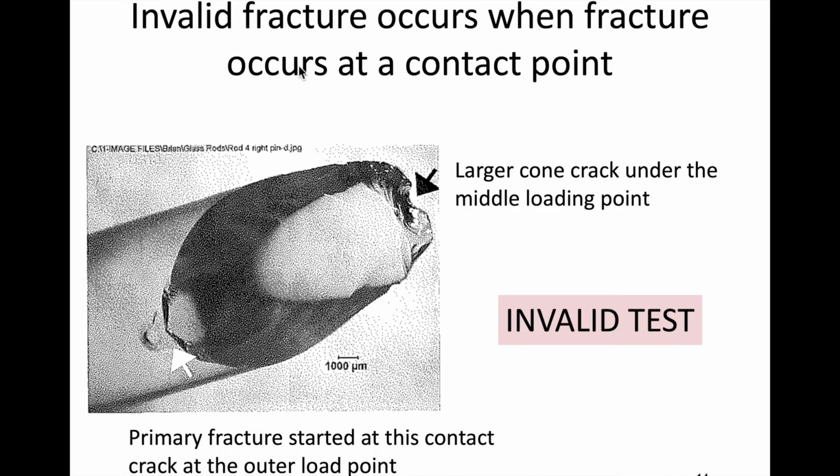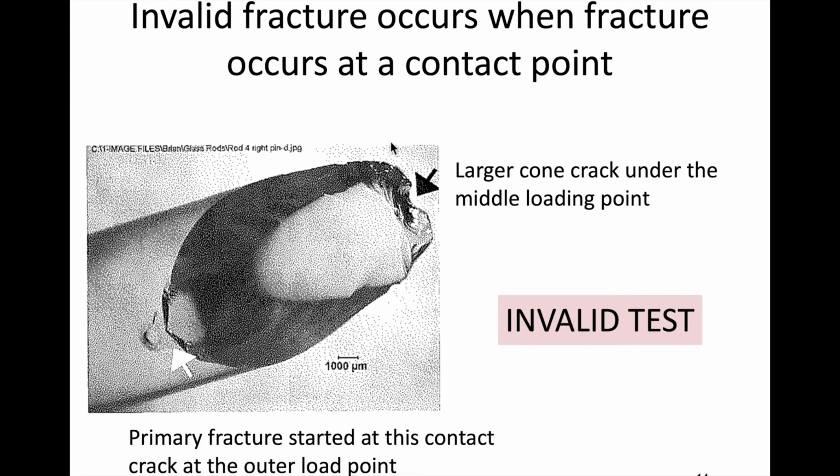All right, so if we look a little bit more in detail at the same types of invalid tests, we see what this can look like. Here, the white arrow is the primary fracture point. It started at this contact point, a contact crack at the outer load point.